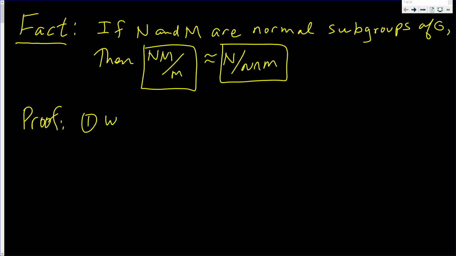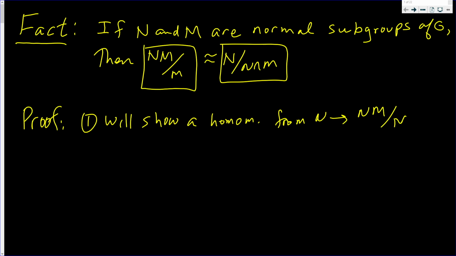Step 1: we'll show a homomorphism from N to NM mod M. That's going to be necessary for me to show that these are isomorphic.